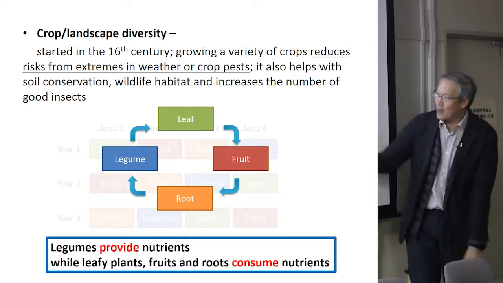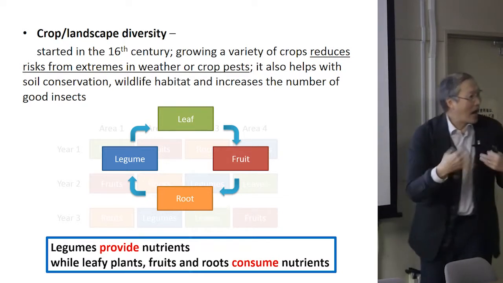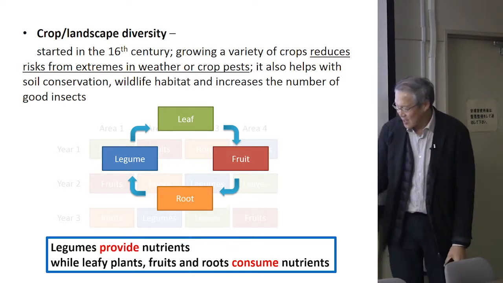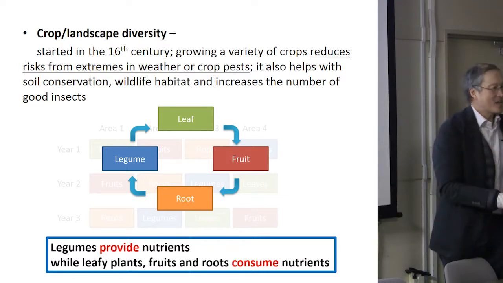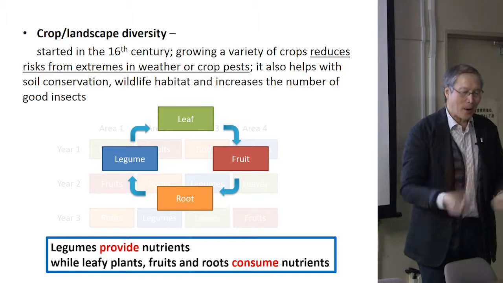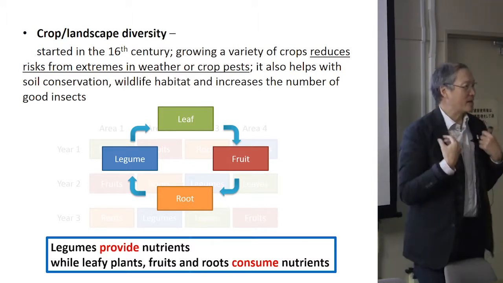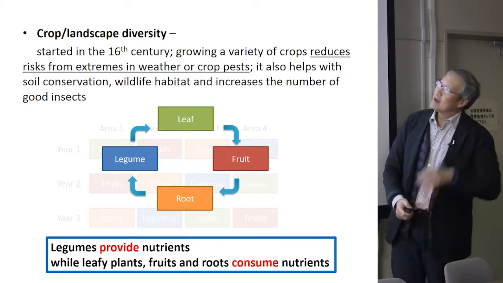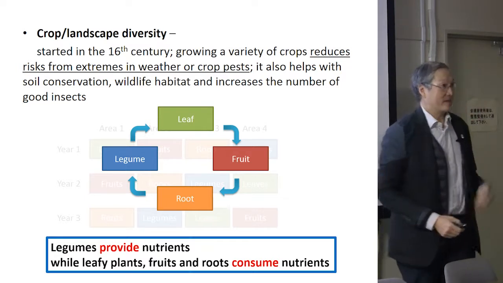So for example, legumes add nutrients, but the leafy plants, the fruits and the roots remove the nutrients. So in this case, there is a very nice natural system of addition minus, addition minus, addition minus. So this is what I call the crop rotation, which is very, very important.